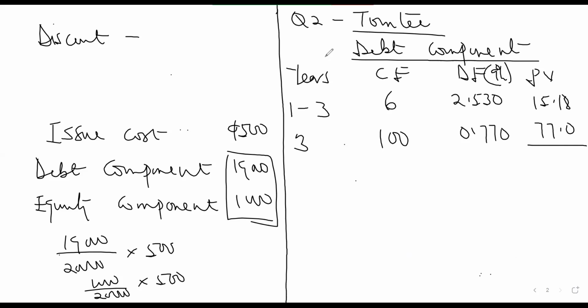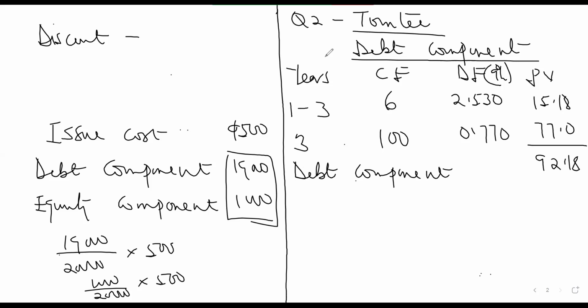If you add it, what are we getting? 92.18. So this is a debt component. This is the present value, the market value, of the debt component.